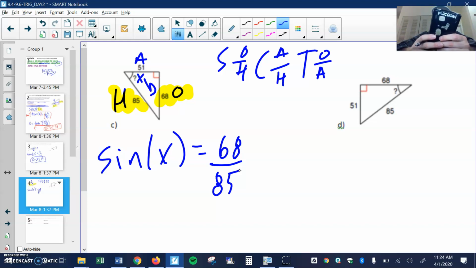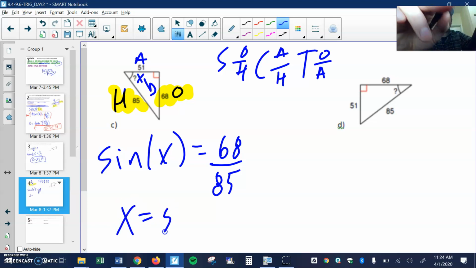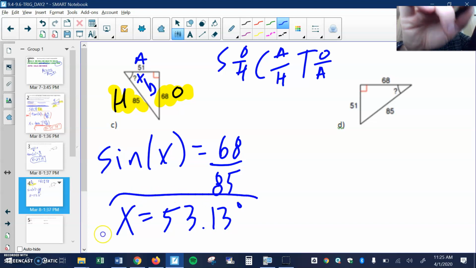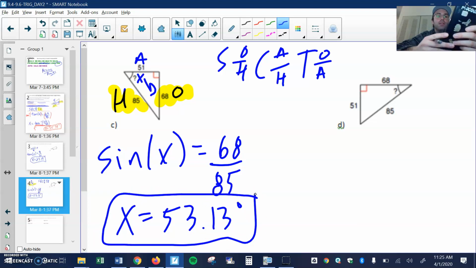Make sure I'm in degrees. Oh, I am. Perfect. Sine inverse of 68 divided by 85. Again, you get the inverse by hitting second sine. I got 53.13 degrees. If you use a different trig function, let's say you did cosine of 51 divided by 85, you would still get the same answer.